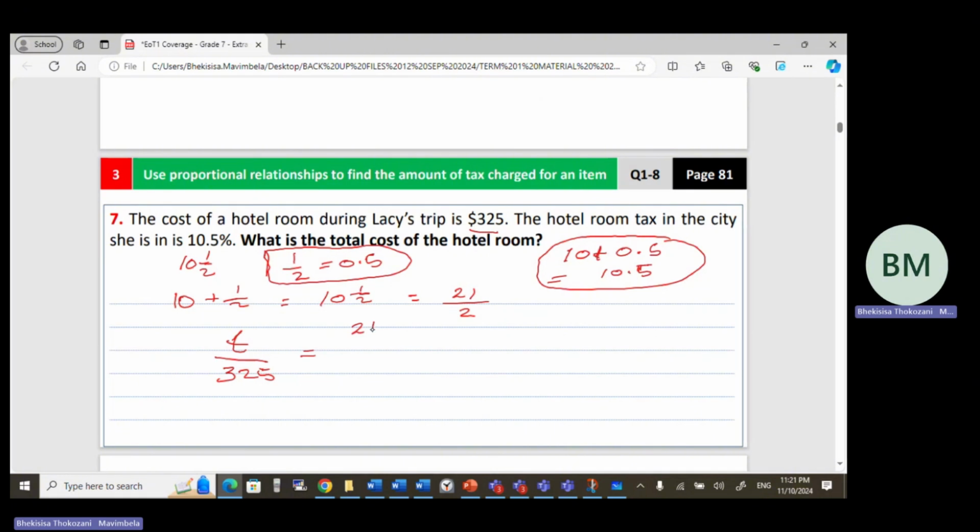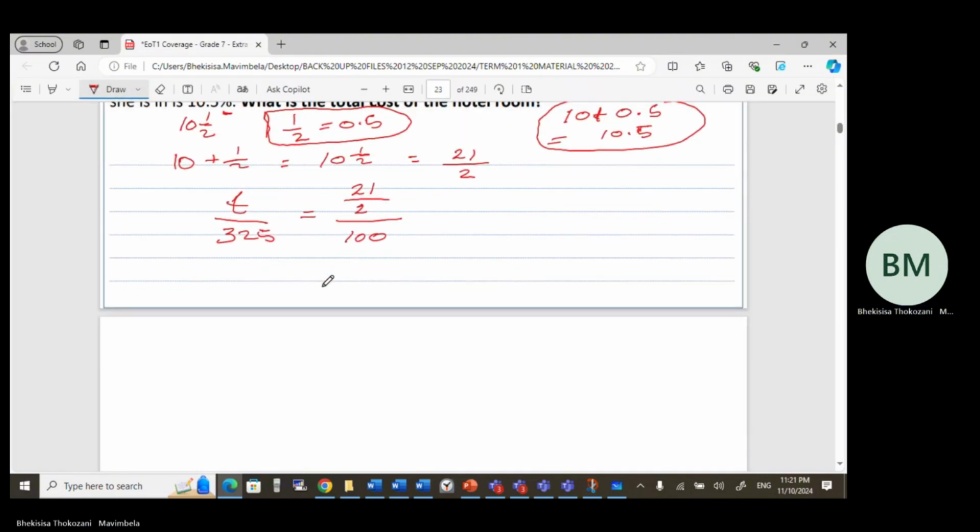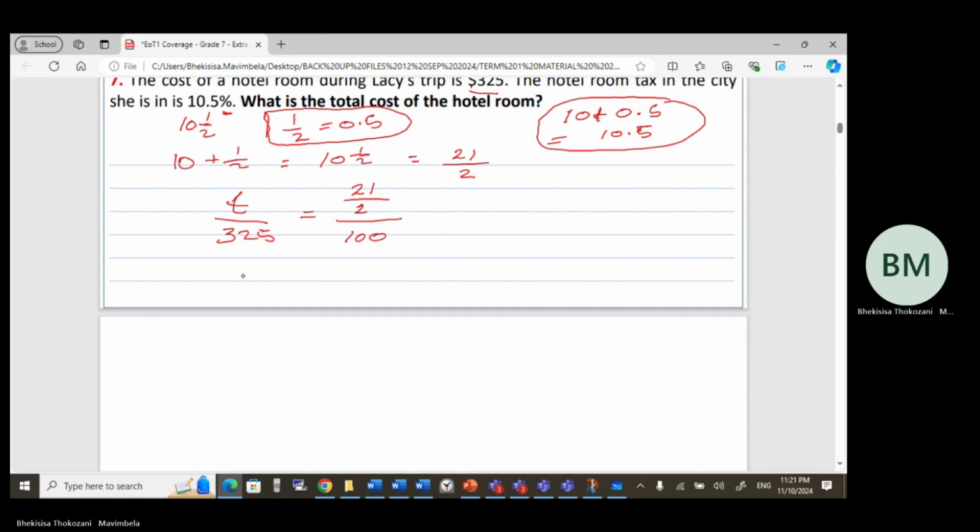Meaning that we have 21 all over 2 divided by 100, because it's a percentage. Do not forget that. Let's see how far we can go. So now I am having T times 100, okay?